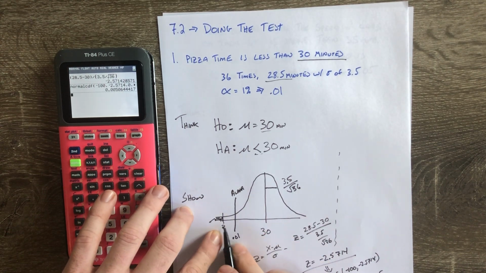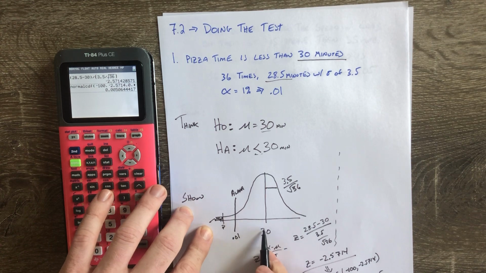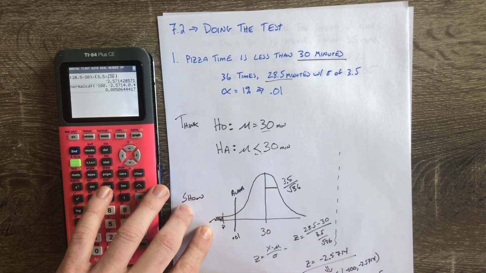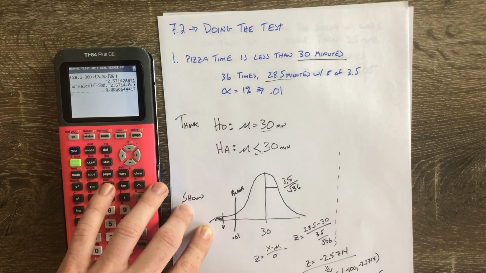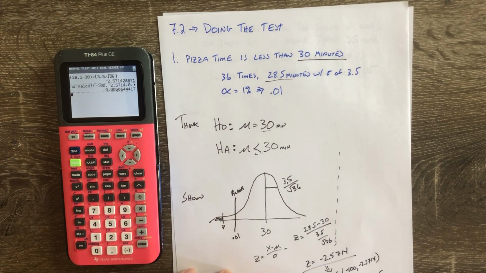After this cutoff, we say that this is so rare that this probably didn't happen, right? So therefore, we reject HO for HA and say delivery times are less than 30 minutes.